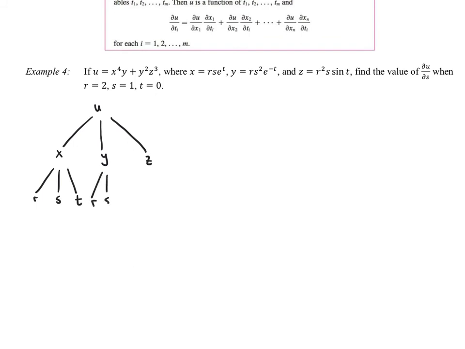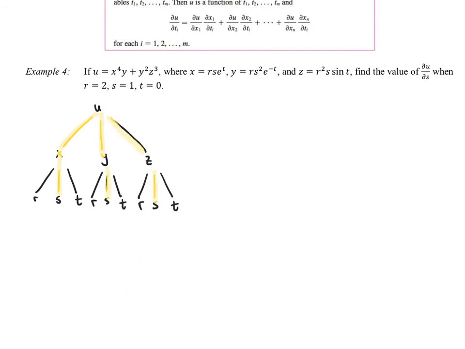So I'm probably going to run out of space here, but that's fine. Okay, we're concerned with du/ds, which means that we want this set of three paths right here.